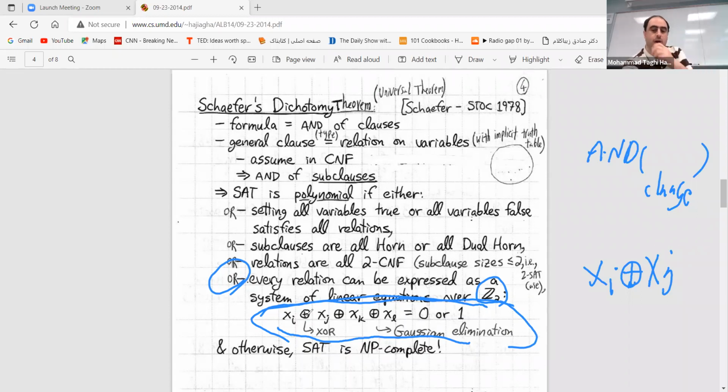If we can do that, these problems we can also solve using Gaussian elimination in polynomial time. And this is Schaefer's dichotomy theorem that we discussed. He tried to characterize the very general formulas: when the problem is NP-hard, and when it is not NP-hard. And he could prove that.